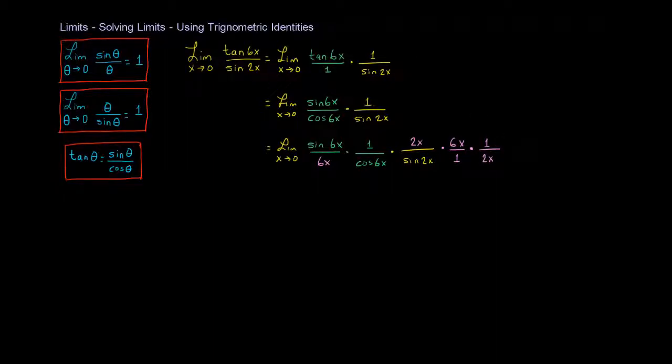Now before continuing here, I could simplify this. I could simplify this x with this one here, and half of 2 will be 1, half of 6 will be 3. Well, this number 3, I'm going to place it at the beginning of the expression. I'm going to try to do it as clearly as possible.